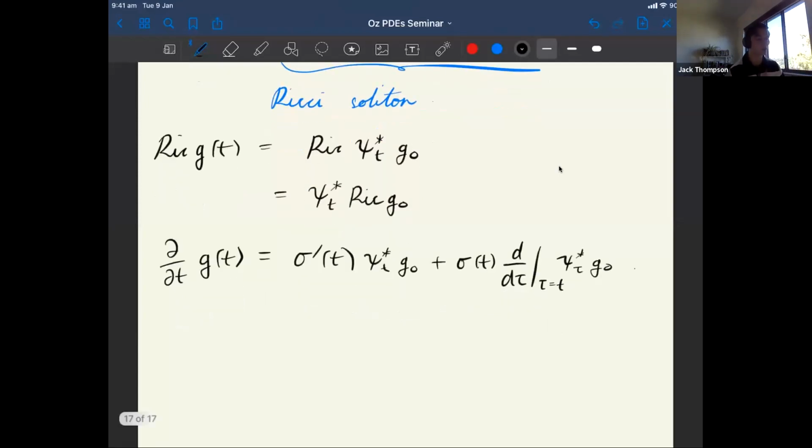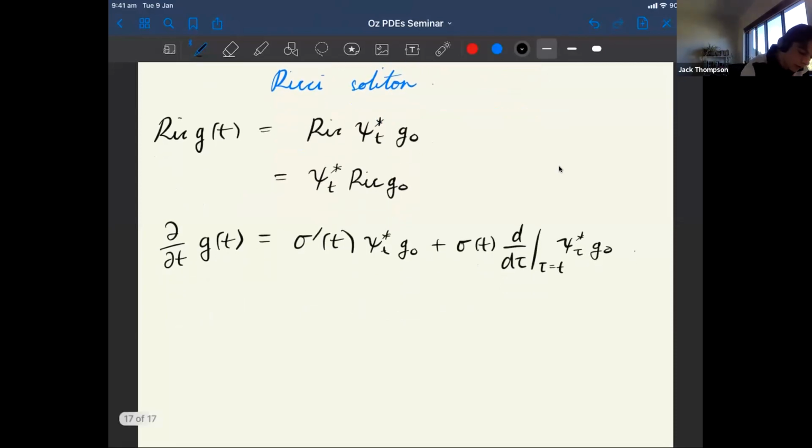So then I also get this term as well as part of my product rule. So let's try to simplify what this term should be.